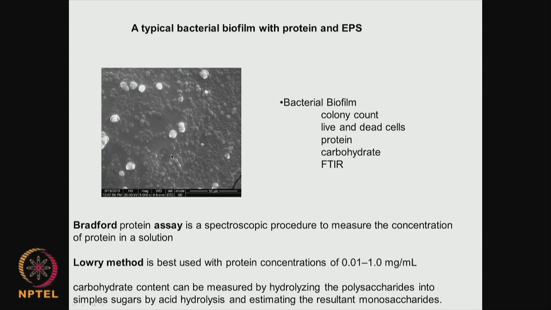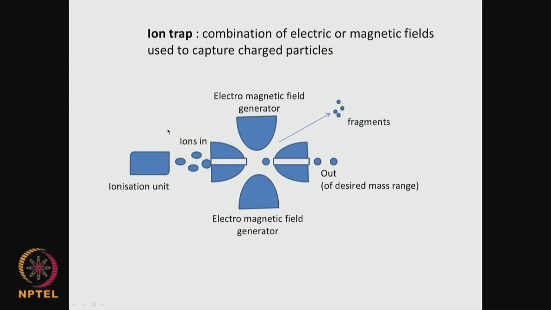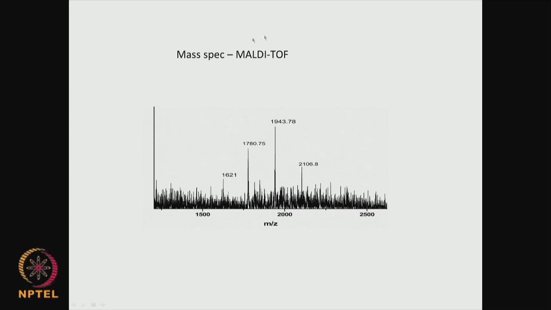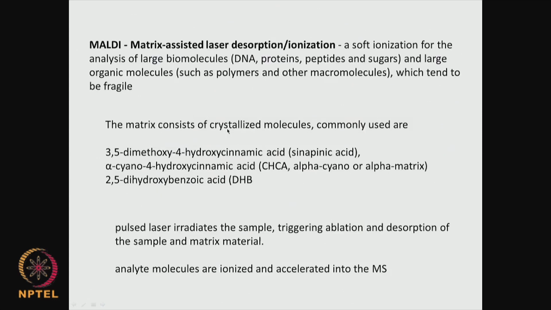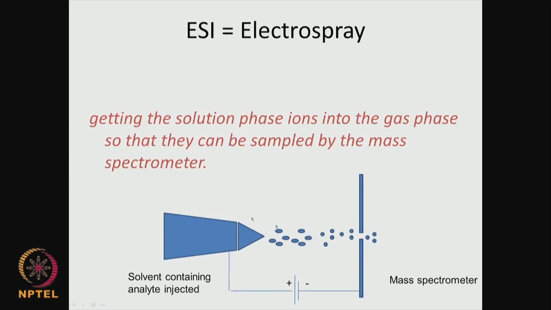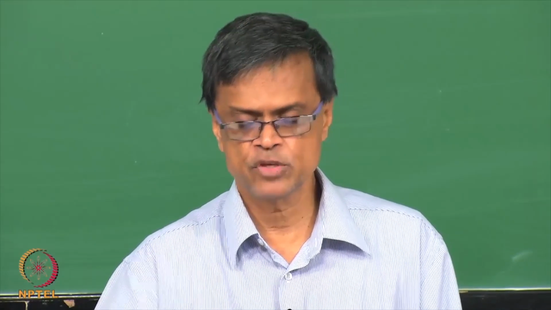I can take samples out and look at the molecular weight of the proteins using a MALDI type of mass spec, or I can use an ESI type of mass spec, and get a feel of the various molecular weight proteins present on my surface.